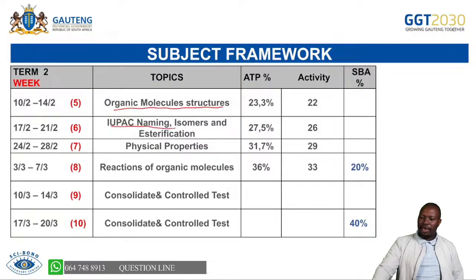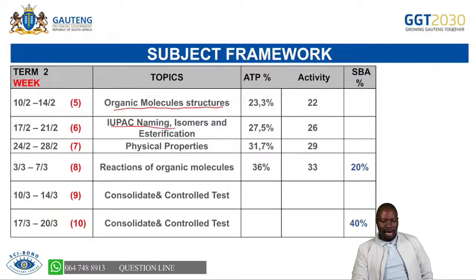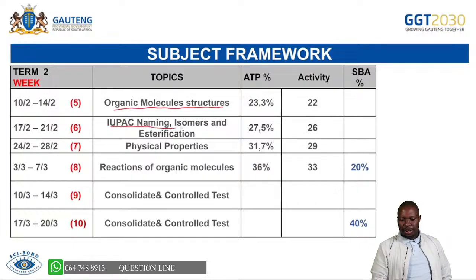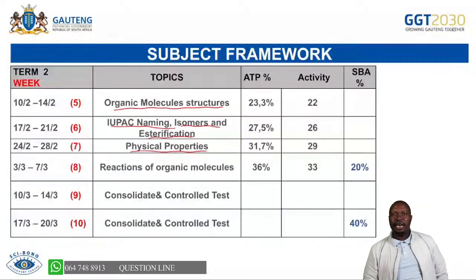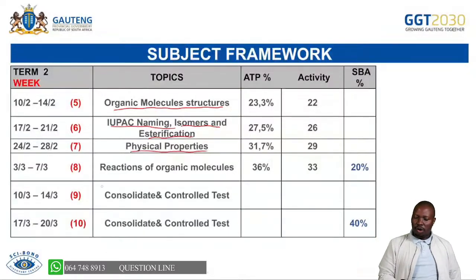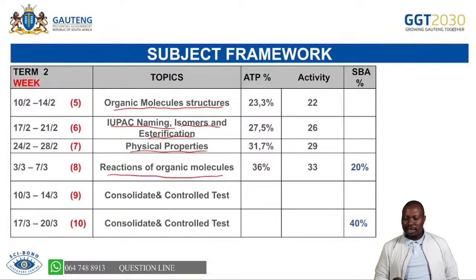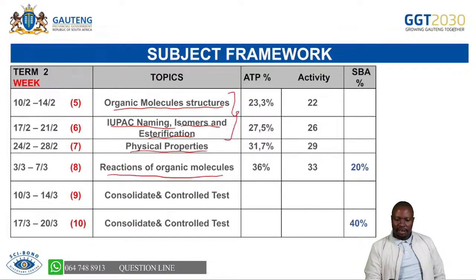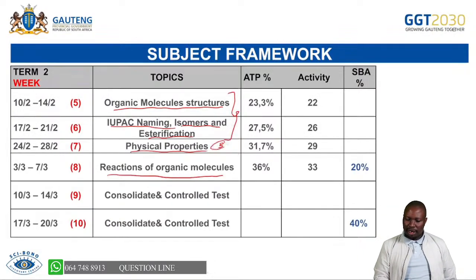We'll finish by doing IUPAC naming, and then in future we'll deal with the isomers and esterification, the physical properties, and then the reactions of organic molecules. As I indicated, these 2 are part of question 2, physical properties is question 3, and reactions of organic molecules is question 4.